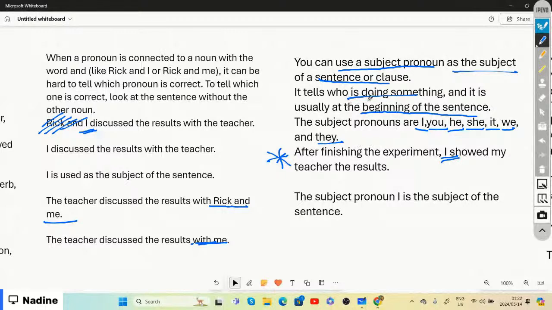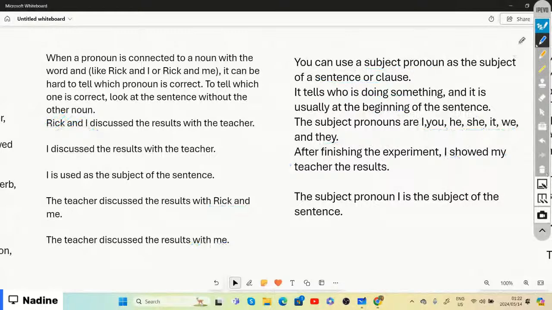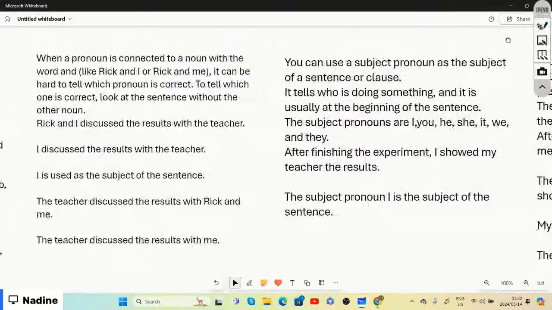Or we can even say, after finishing the experiment, he showed my teacher the results. So who is the subject pronoun? He is, because he showed my teacher. She did, we did, they did, because they are the subject pronouns of that sentence. They are the ones doing something.